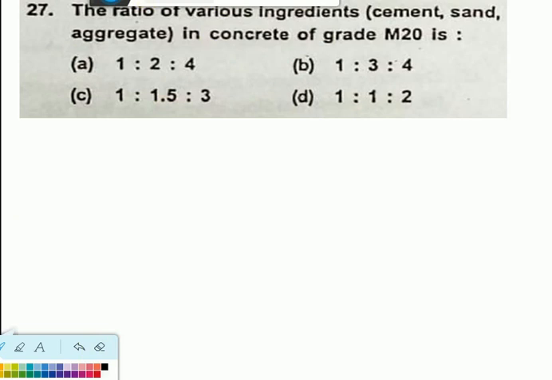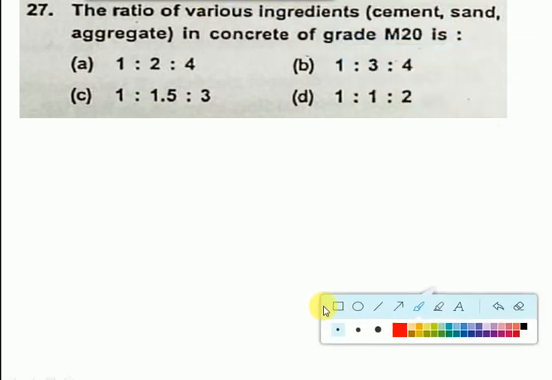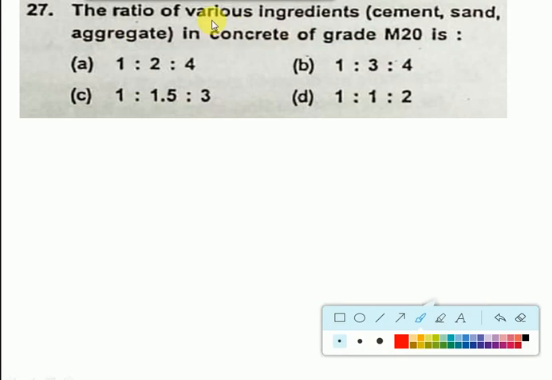The next question is the ratio of various ingredients, that is cement, sand and aggregate, for the grade of M20. I have told you a trick to remember all the grades: M5, M7.5, M10, M15, M20, M25.